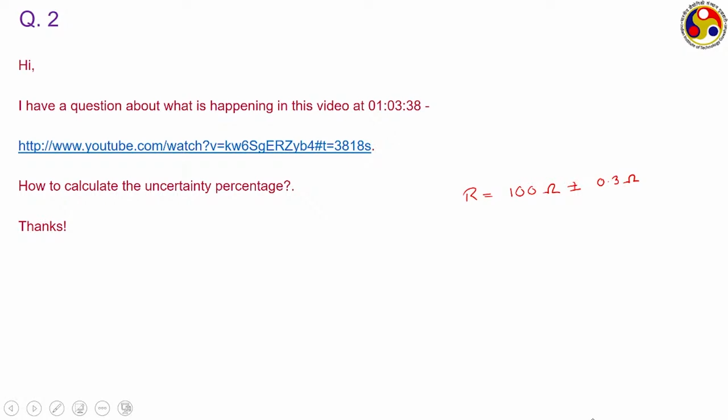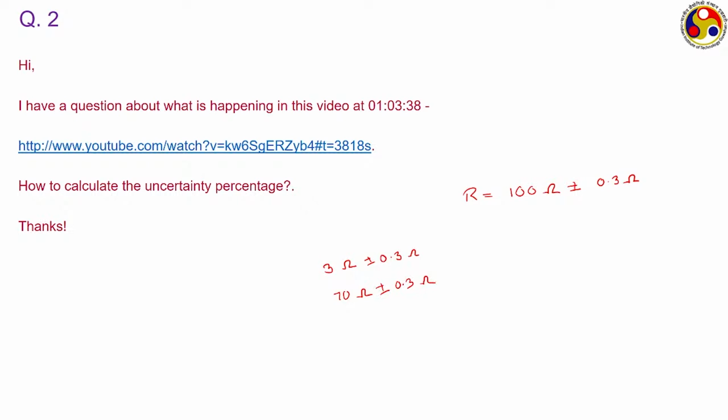So if you are measuring something like 3 ohm with this, you are still going to have 3 plus minus 0.3 ohm, whereas if you are measuring 70 ohm, you are still going to have 70 plus minus 0.3 ohm. This is absolute uncertainty.